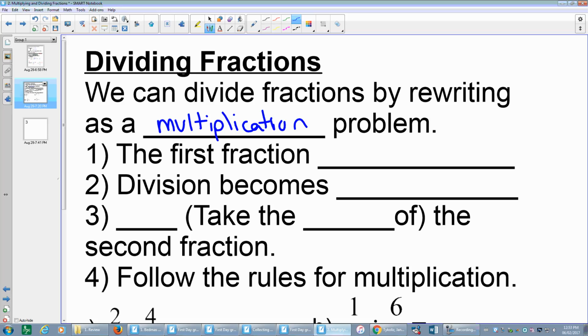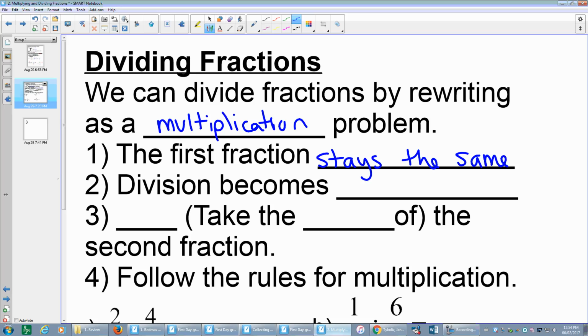The first fraction, we leave that first fraction alone. The first fraction stays the same. Okay, step 2, we take that division sign and we change it.